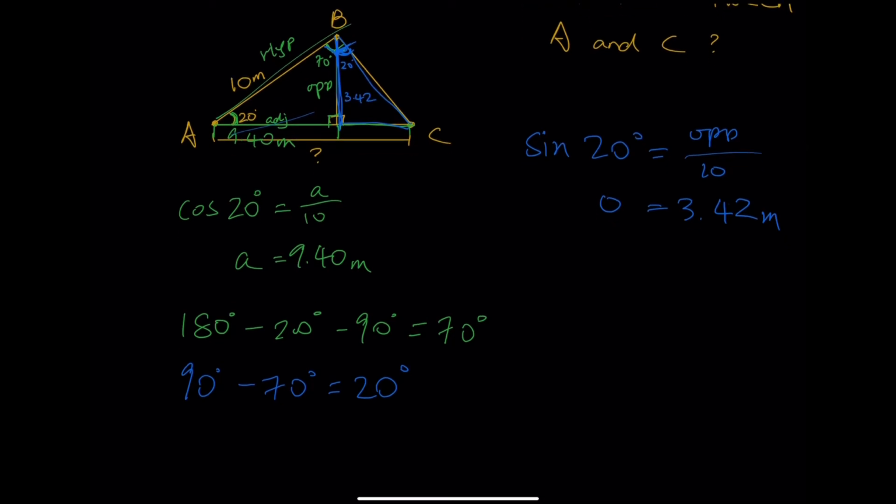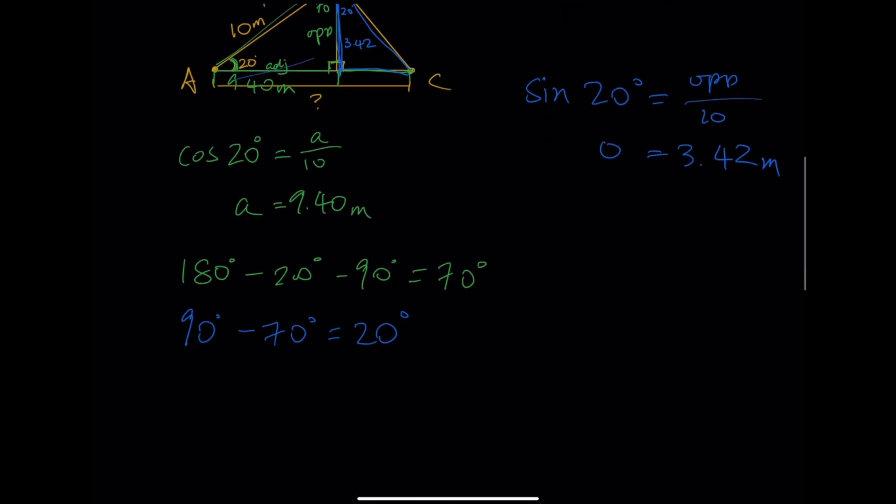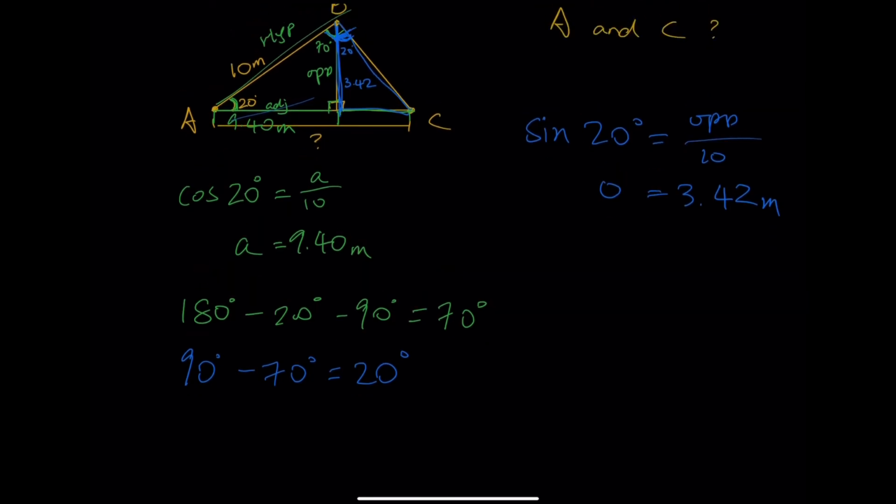Now we have an angle and a length. So we have our opposite and our adjacent. Opposite and adjacent, that's tangent. So tan of 20 degrees is equal to opposite over adjacent. Opposite is equal to 1.24 meters.